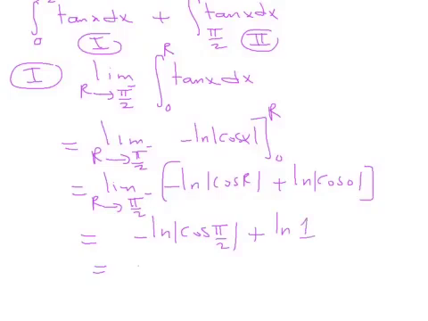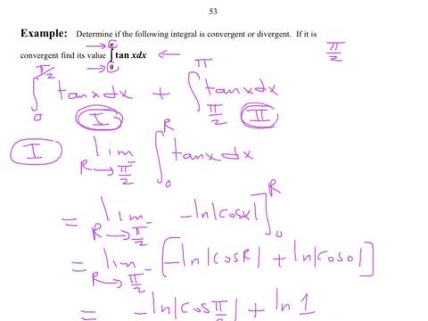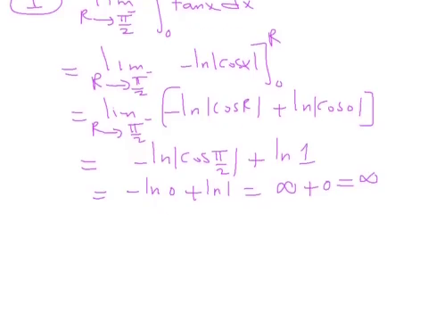Cosine pi divided by 2 is 0, so this is ln 0 and ln 1. Ln 0 is equal to minus infinity, so this is plus infinity. Ln 1 is 0, so this is infinity, which means that the first integration is divergent. So we don't have to calculate the second one. We just have to say that the integration from 0 to pi of tan x dx is divergent.